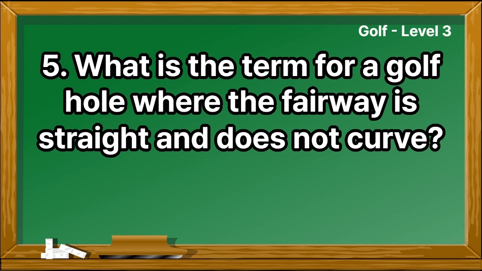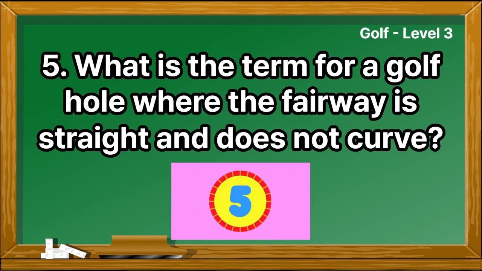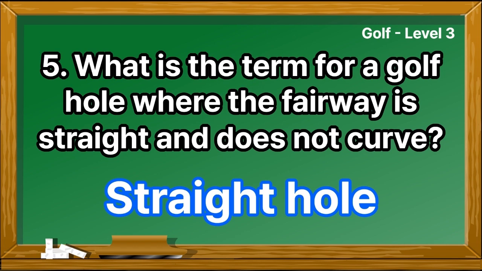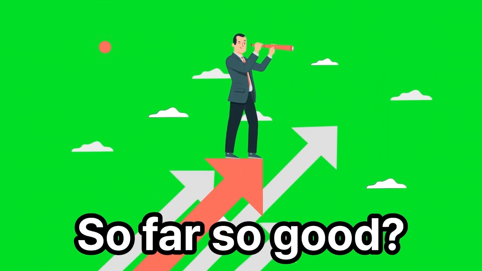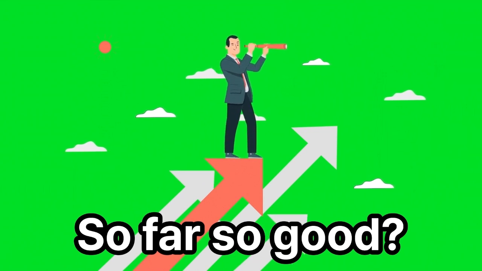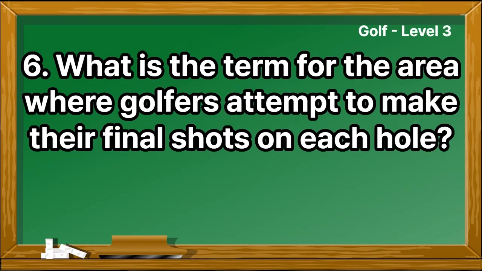What is the term for a golf hole where the fairway is straight and does not curve? Straight hole. So far so good? What is the term for the area where golfers attempt to make their final shots on each hole?